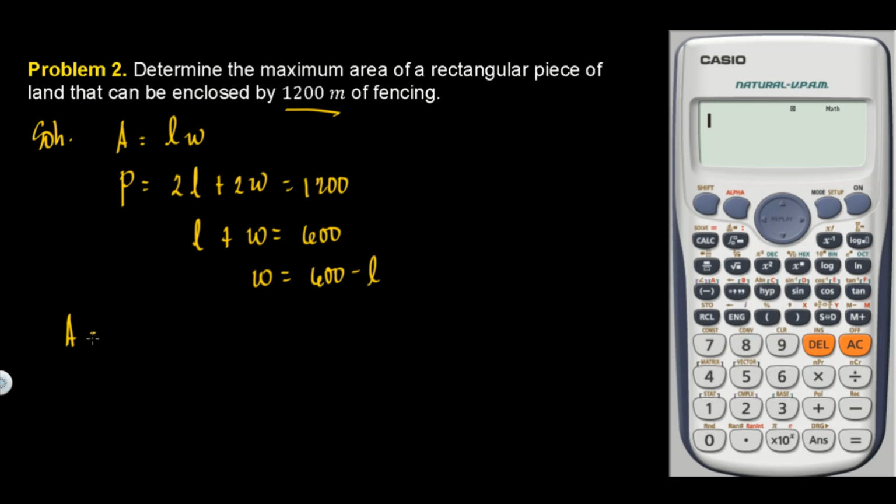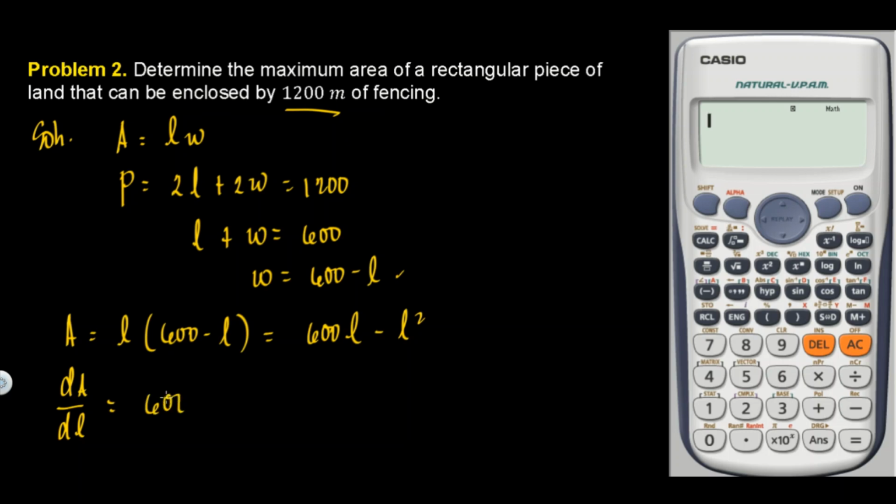Then area is equal to length times the width, and width is 600 minus L, or 600L minus L squared. Okay, then we differentiate A with respect to L. So we have 600 minus 2L.